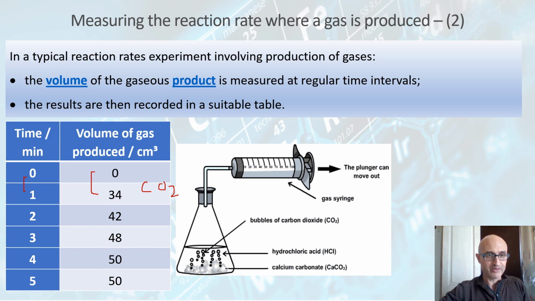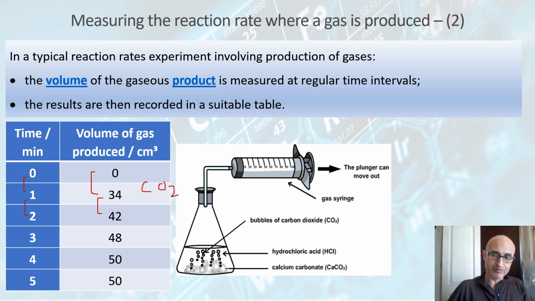However, in the second minute, just another minute has passed, right? The increase in volume is just 8 centimeters cubed. So although the time has doubled, we do not get 34 multiplied by 2 centimeters cubed. So after the first minute has gone by, the reaction has already dropped in rate.